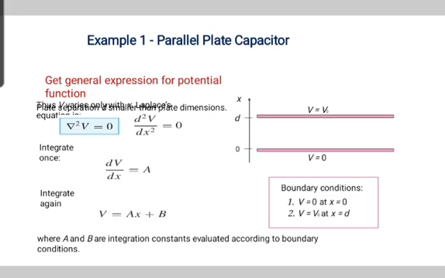We can write d squared V by dx squared is equal to 0. If we integrate it, then dV by dx is A. If we integrate it again, then V is equal to Ax plus B. Here A and B are the integration constants, which are evaluated according to the boundary conditions.